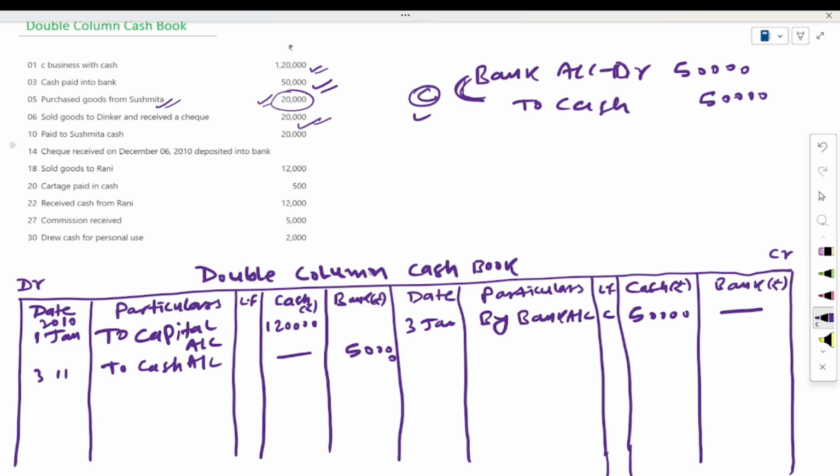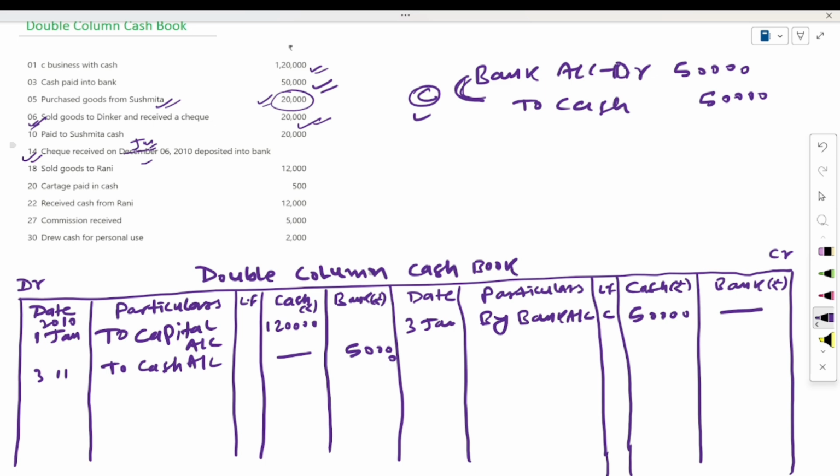But here in this question, you are receiving the check on 6th Jan and depositing it on 14th Jan. We can take January, no issue.